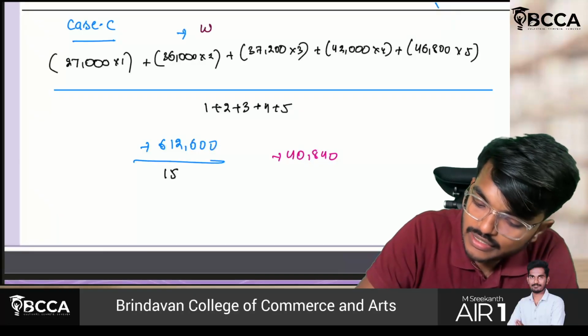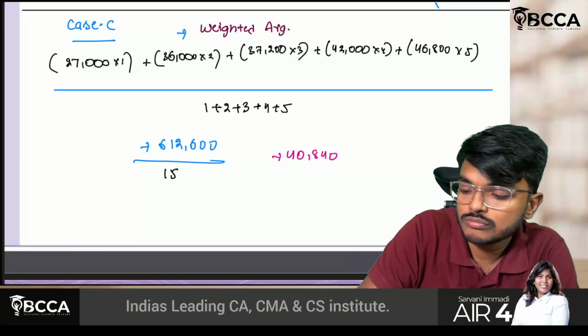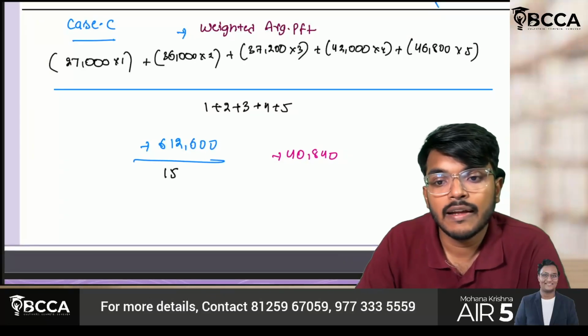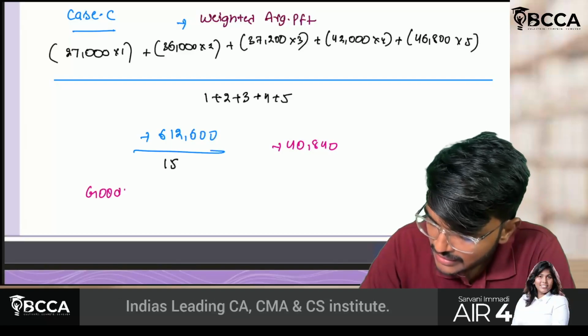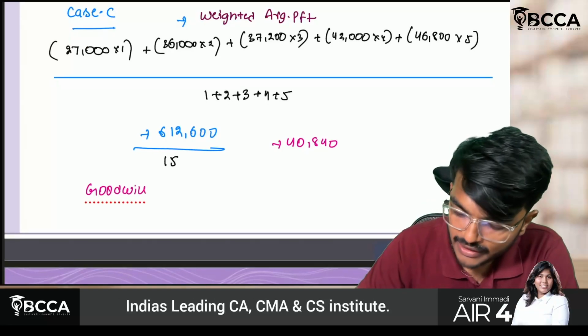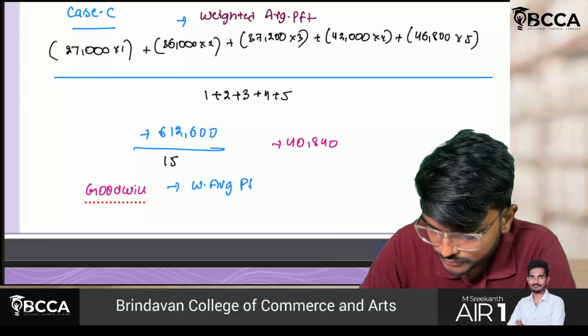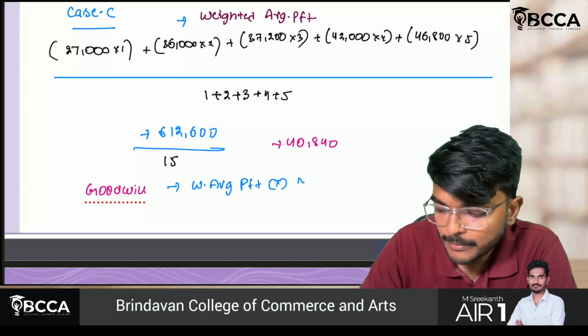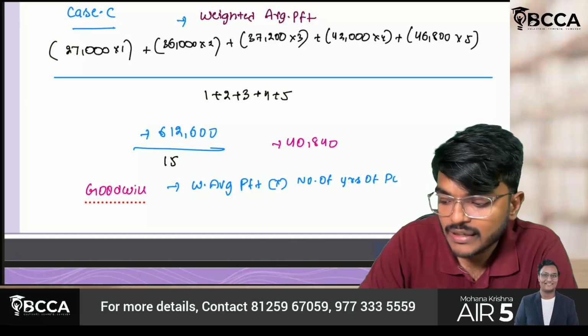So here I will write weighted average profit. In case C, my goodwill formula will be weighted average profit multiplied by number of years of purchase.